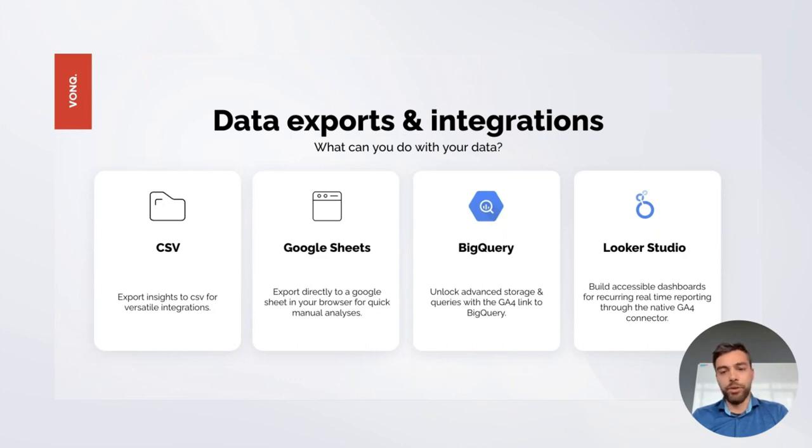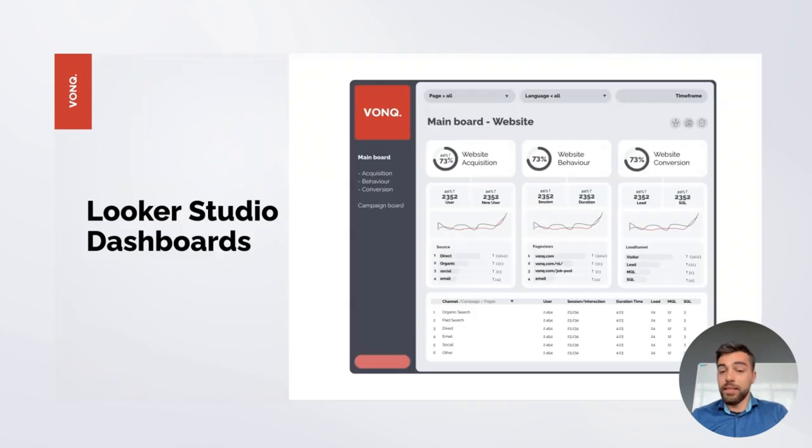So Looker Studio, for example, is great to build dashboards with your GA4 data. Then what do these, for example, look like? Well, here's an example of a mock-up board that we work with at VONQ. This would all be GA4 data shown in here that you can funnel into your dashboard through the native GA4 connector.